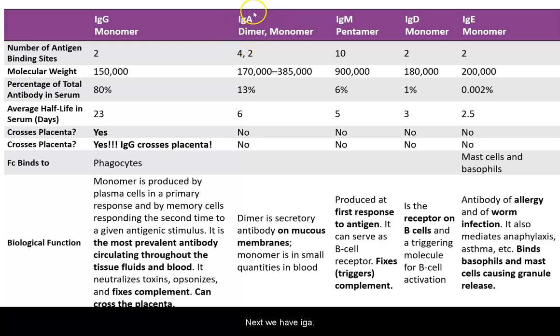Next, we have IgA. This is found as both a monomer, right, a single Y-shaped protein, or it can also be found as a dimer. And that's going to be two antibodies kind of bound together. Now, I want you to know that the dimer is secreted on mucous membranes. So IgA is going to be our big defender in the respiratory tract and in the gut, okay?